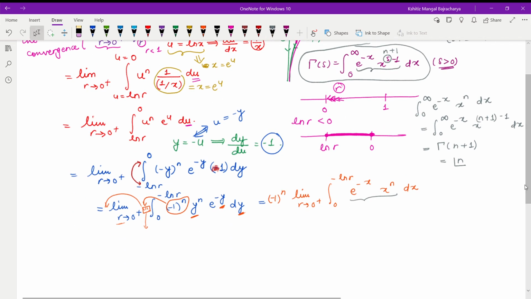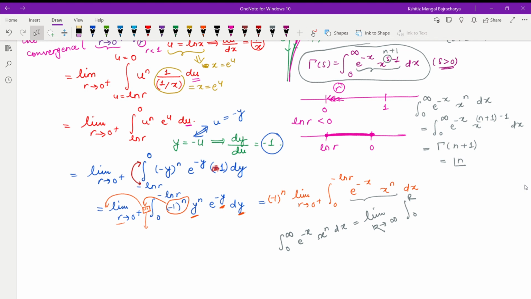Okay, so let's see, this is convergent, right? This is convergent. This will always be convergent for any natural number n in particular. So we can write it as limit, let's say r tends to infinity 0 to r e raised to the power minus x, x raised to the power n dx.